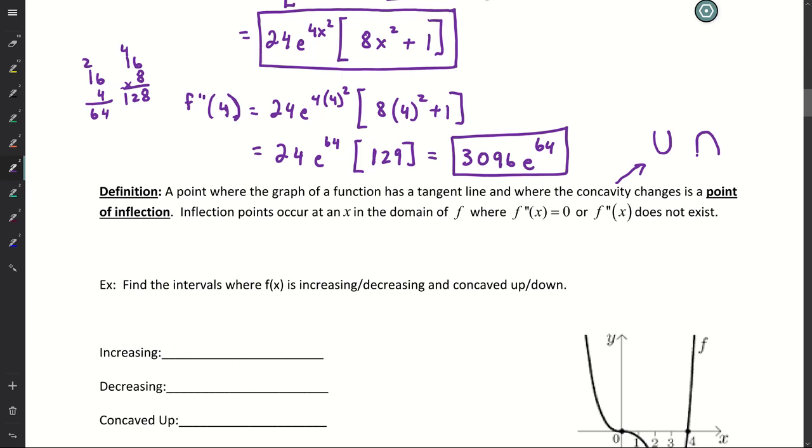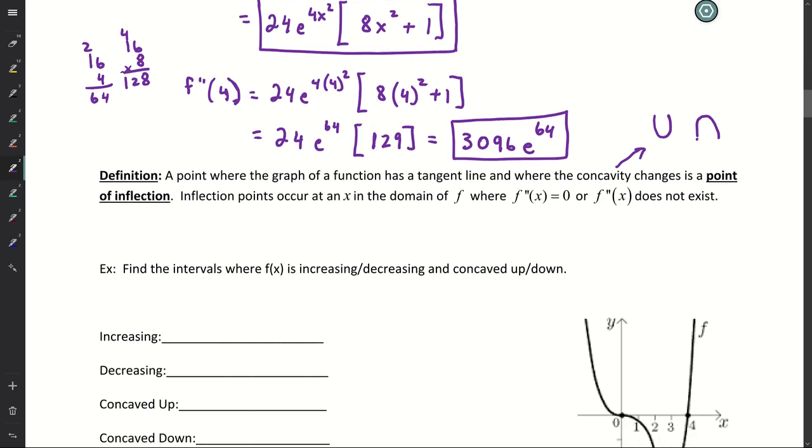And then from there we did a number line test to determine if we had any kind of relative max or mins. Second derivatives tell us specifically about concavity, and like I mentioned before, that means either cupped up or cupped down. And then if concavity changes from one to the other, we have what's called a point of inflection.